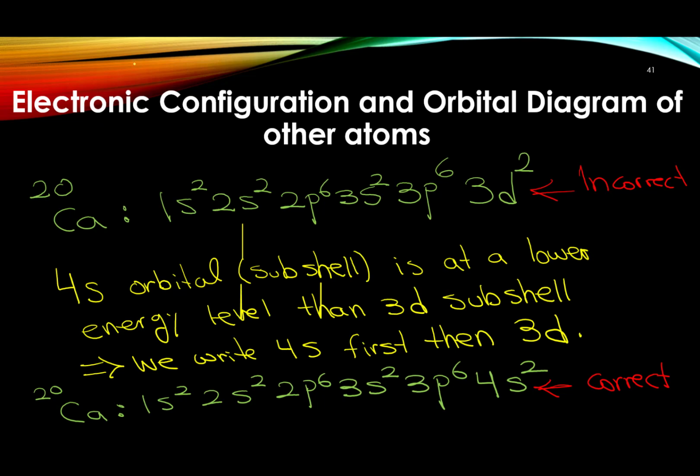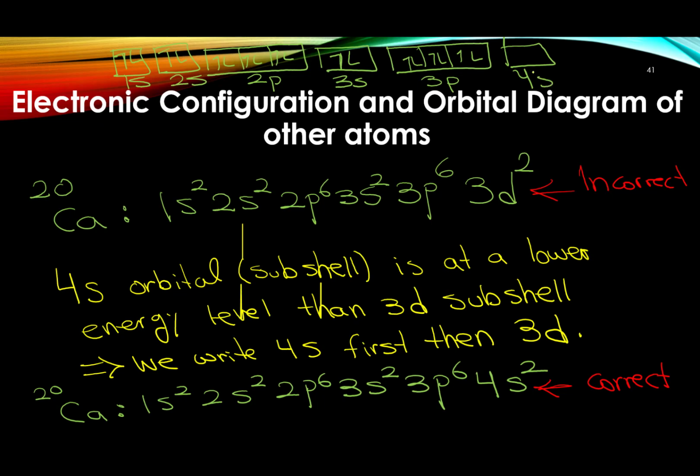Then it's 1s2, 2s2, 2p6, 3s2, 3p6, and 4s2. This will be the orbital diagram for calcium.